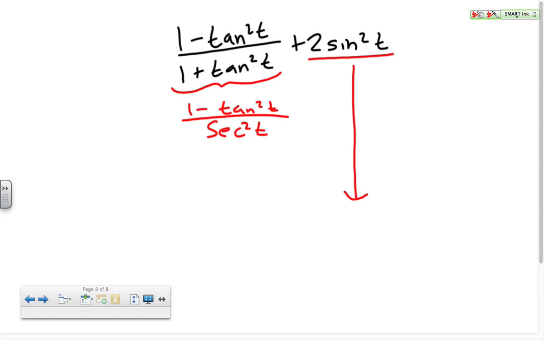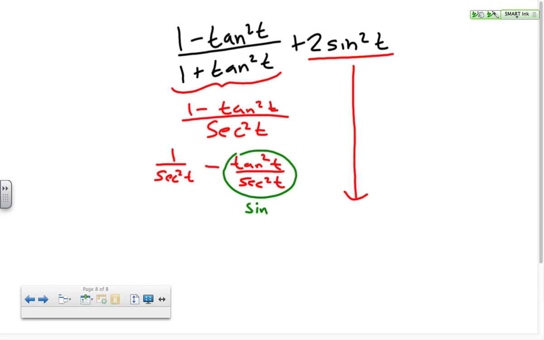Now I can split this up: 1 over secant squared t minus tangent squared t over secant squared t. Now we're going to take this right here, and I'm going to say that this tangent squared t is the same thing as sine squared t over cosine squared t, because tangent of t is sine t over cosine t.